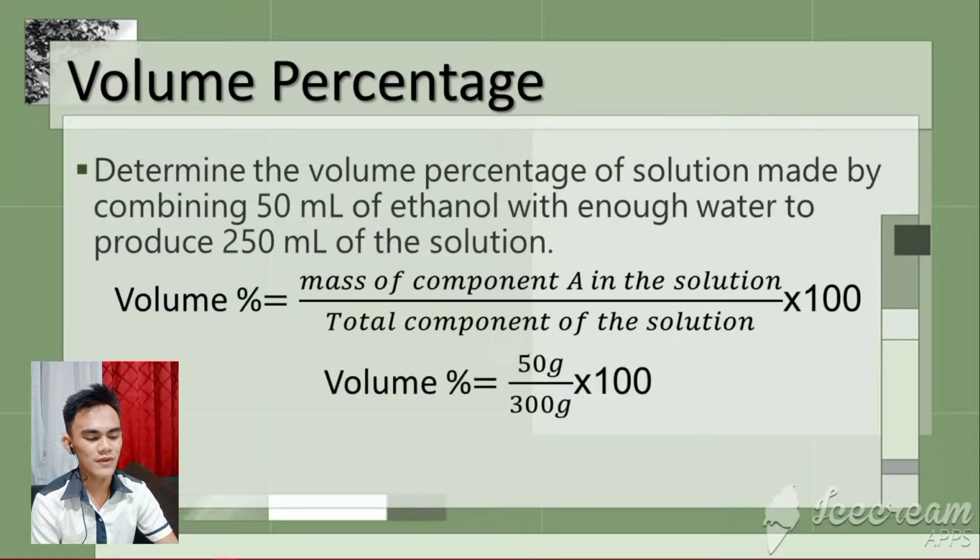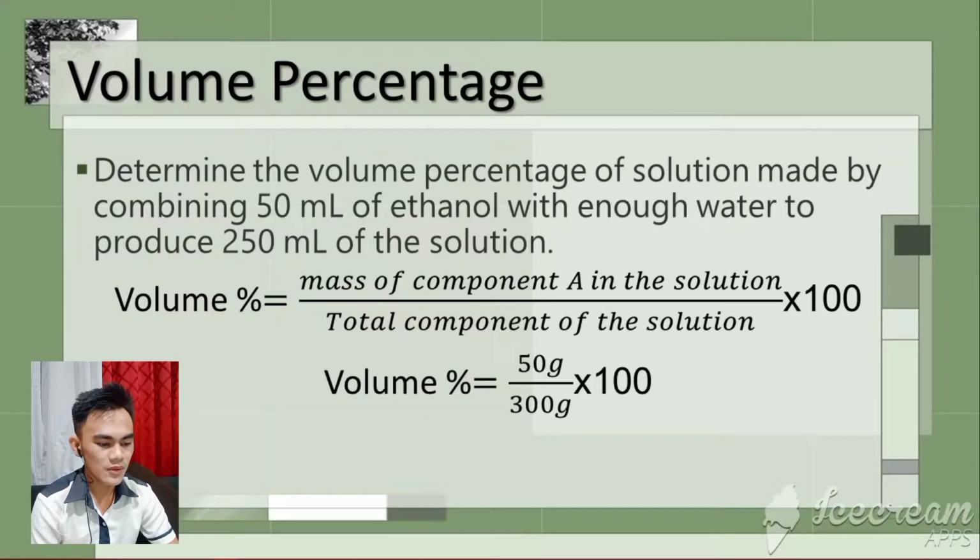Substitute all the given values. We have our solute of 50 ml of ethanol, or that is 50 ml, and 250 ml. So that is the volume.